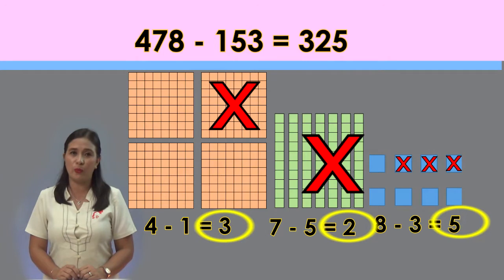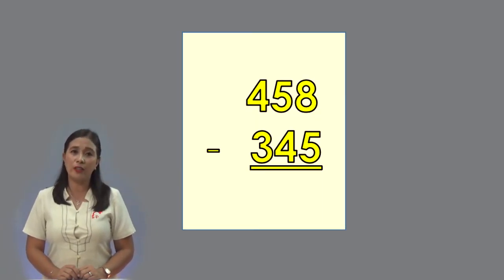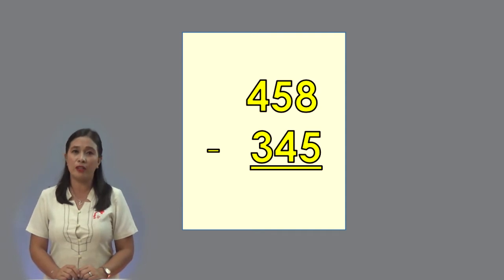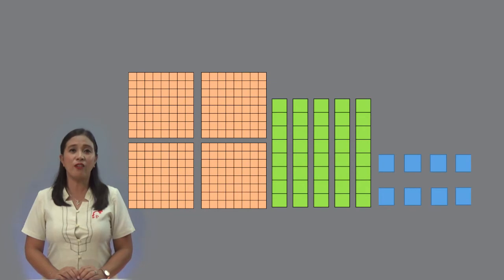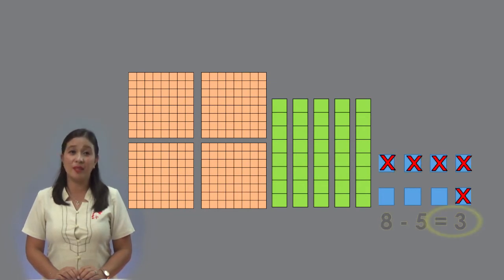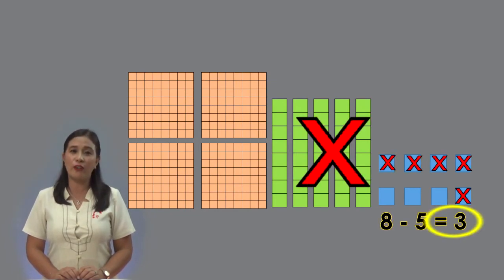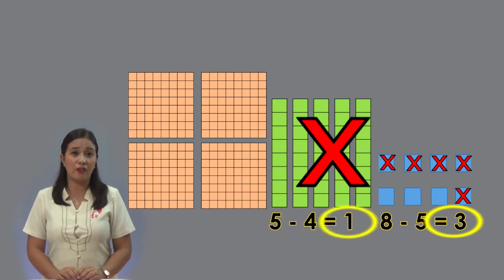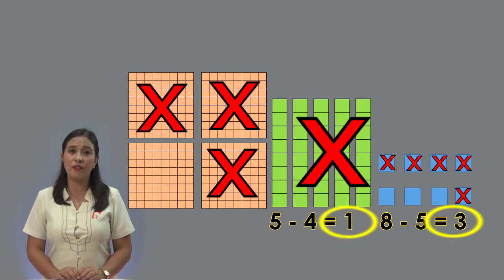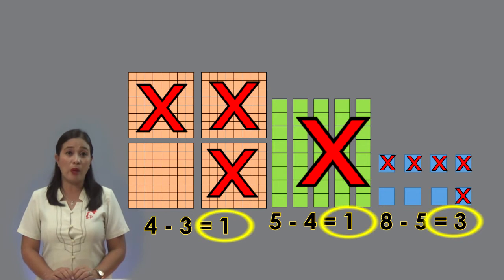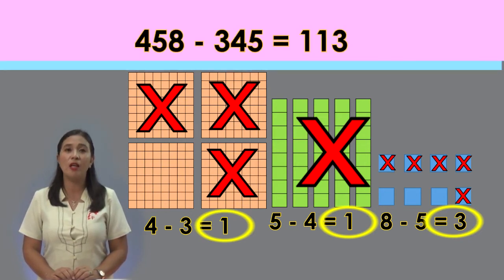Let's have another one. Try to subtract 345 from 458. So first, cancel 5 from the ones column. Next, cancel 4 from the tens column. And finally, cancel 3 from the hundreds column. We have 458 minus 345 equals 113.